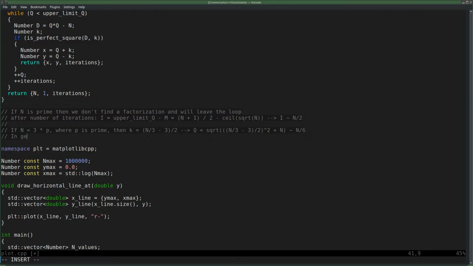okay, in general, obviously, I would say. So if n is some factor f times p, where p is prime, well, it's just that f is odd, obviously. N must be odd, so f is odd, p is odd.